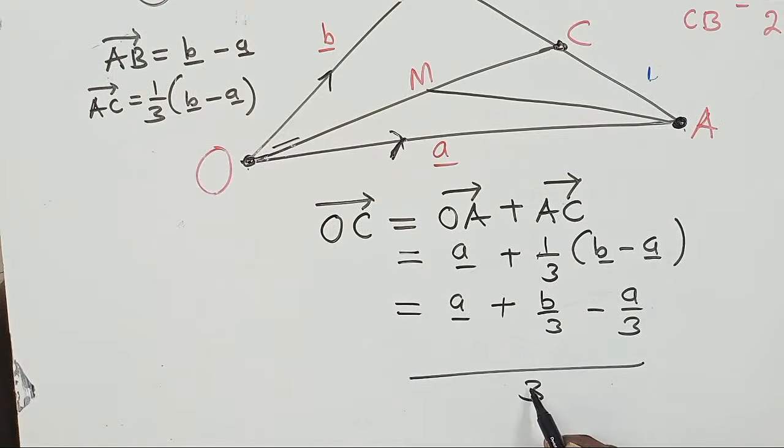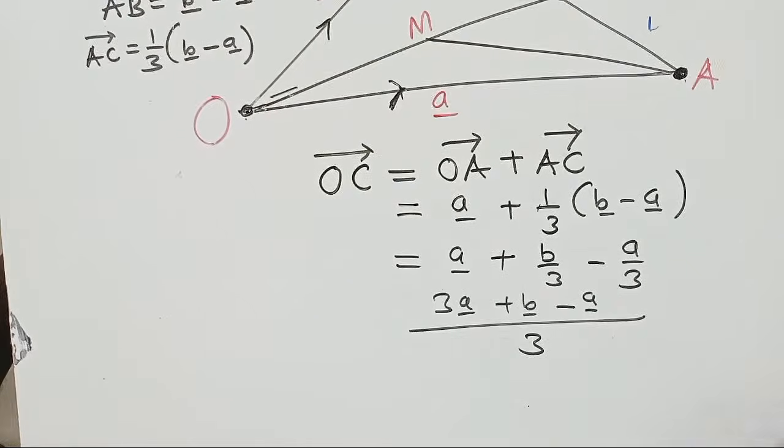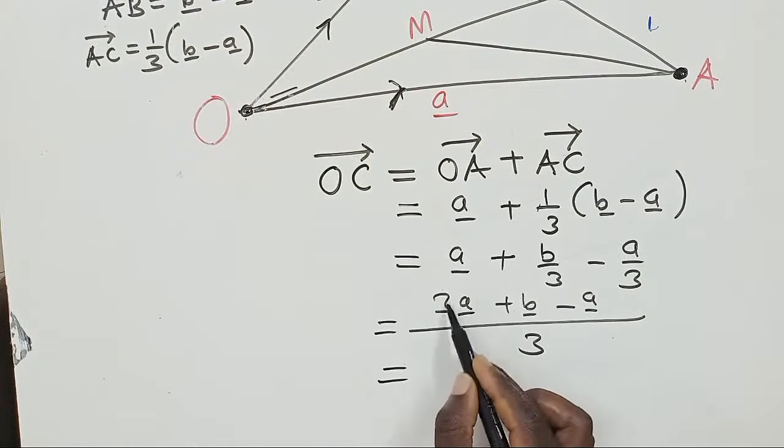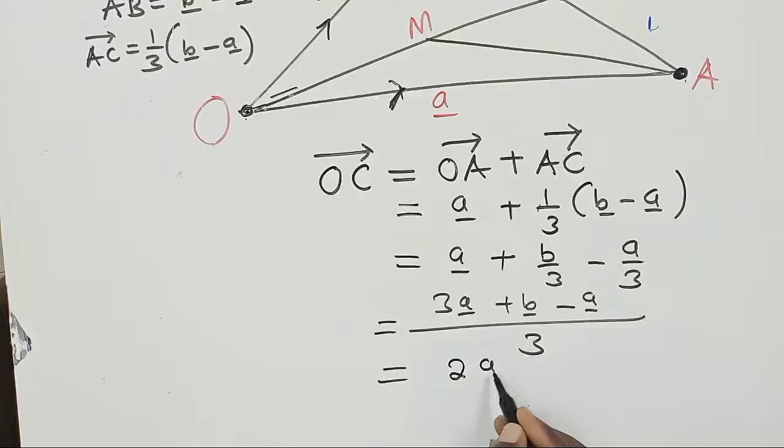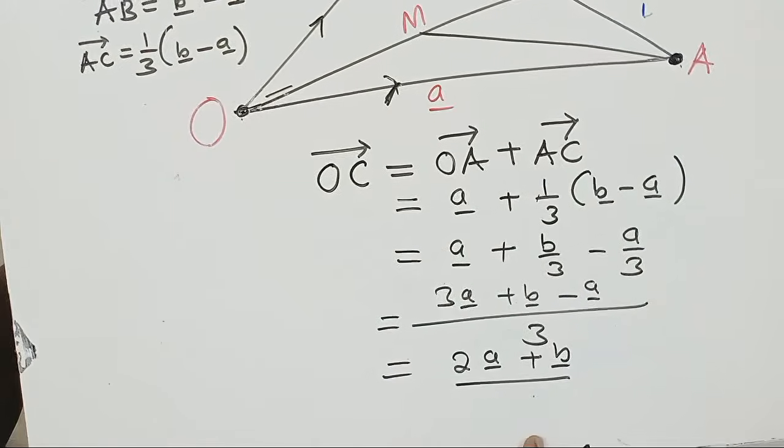So 3 times A is 3A plus B minus A, like that. You group the like terms. When you group the like terms, this 3A minus A here will just give us 2A plus B over 3.